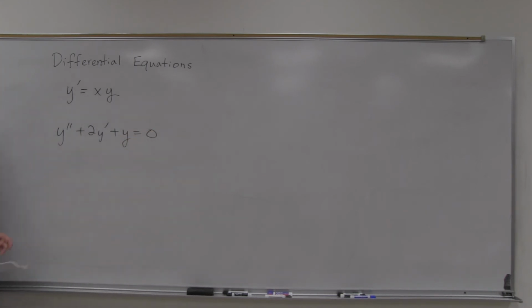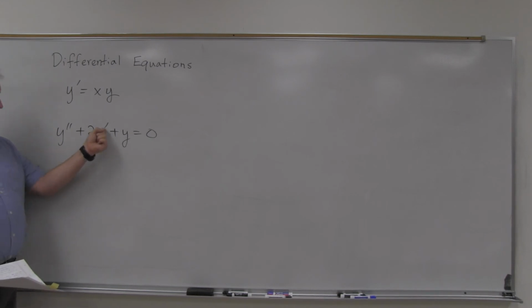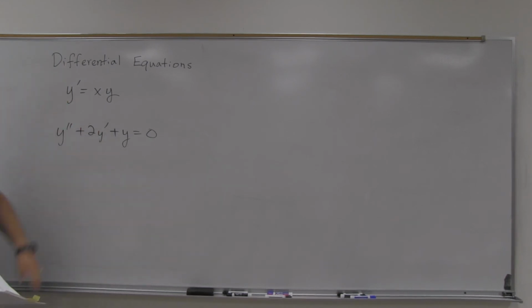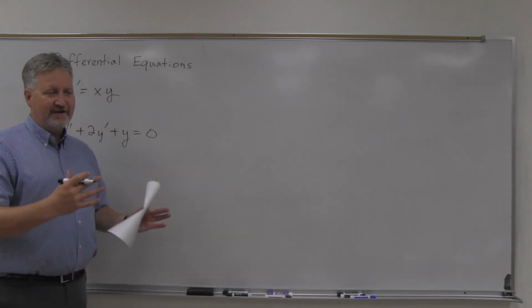That's also a differential equation, and it involves y second derivative along with the first derivative and y itself. So things can get complicated if you really get into it. There are whole courses based on this topic, but we're just going to briefly preview some of the ideas here.